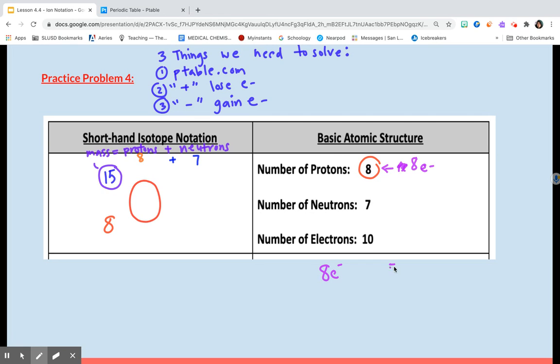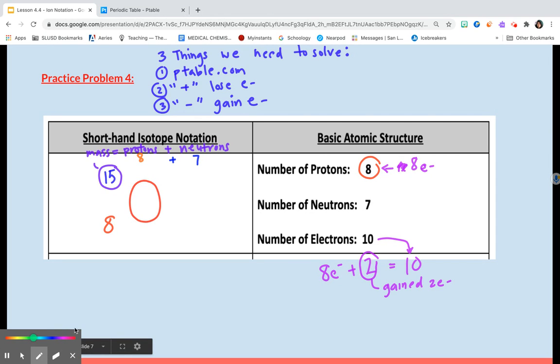But now I have 10 total according to this problem. So if I have 10 electrons, we must have added 2, right? Because 8 plus 2 equals 10. So this tells me that I have gained 2 electrons. Because I have 2 extra, or I need 2 more to make 10. So if I gain 2 electrons, my charge is going to be 2 minus.